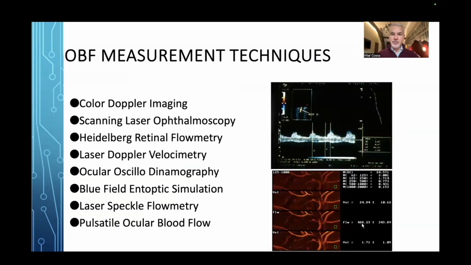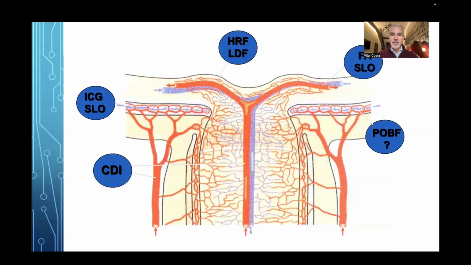There have been several instruments and devices designed to measure blood flow in the eye: color Doppler imaging, scanning laser ophthalmoscopy, the Heidelberg retinal flowmetry, LDV, the dynamography, the blue field entoptic simulation, laser speckle flowmetry, and pulsatile ocular blood flow. All of them measure different vascular beds.